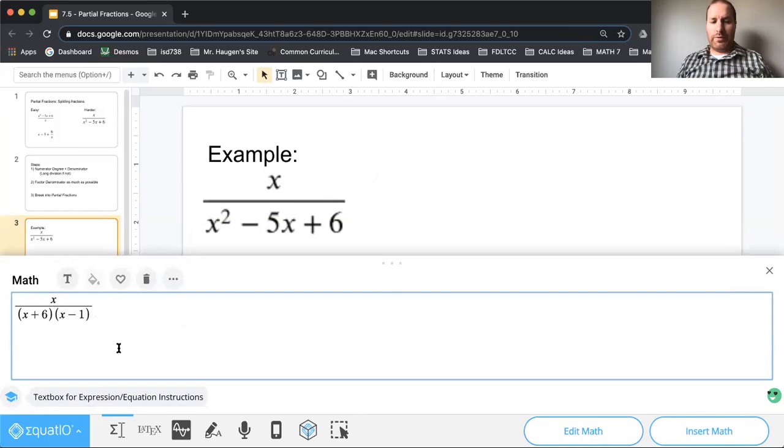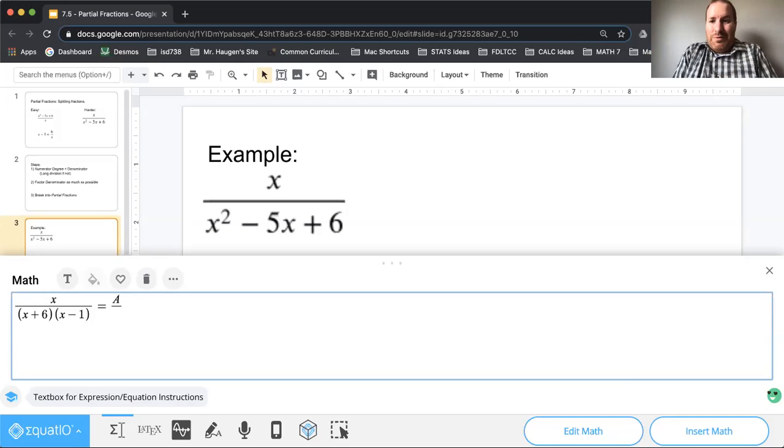But here's where the partial fractions come into place. We have to be able to break this into the different factors on the denominator. So there has to be something. I'm going to use the letter A. If you look in the book, people often use capital letters to represent the numerators.